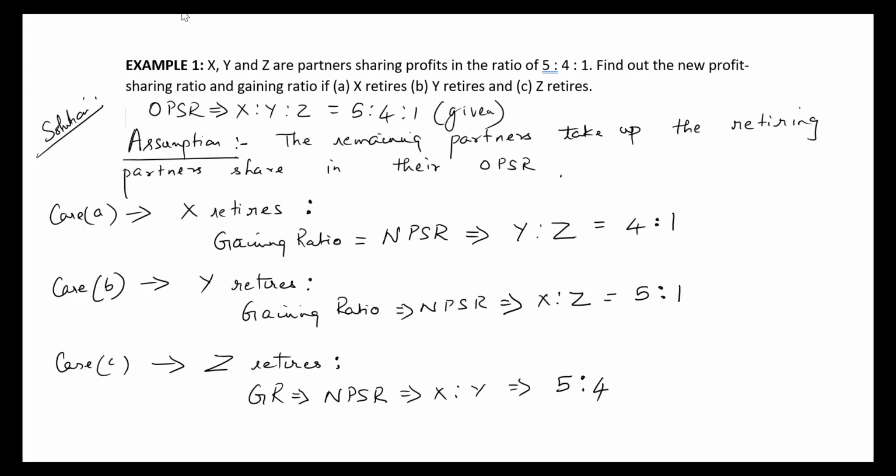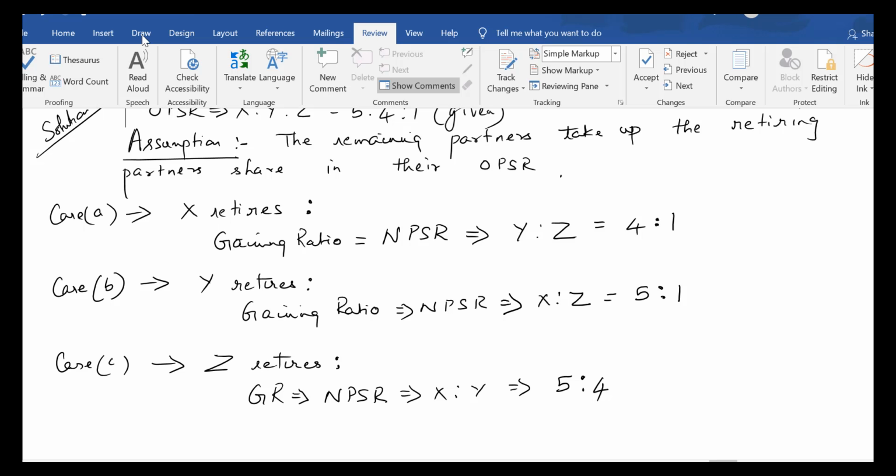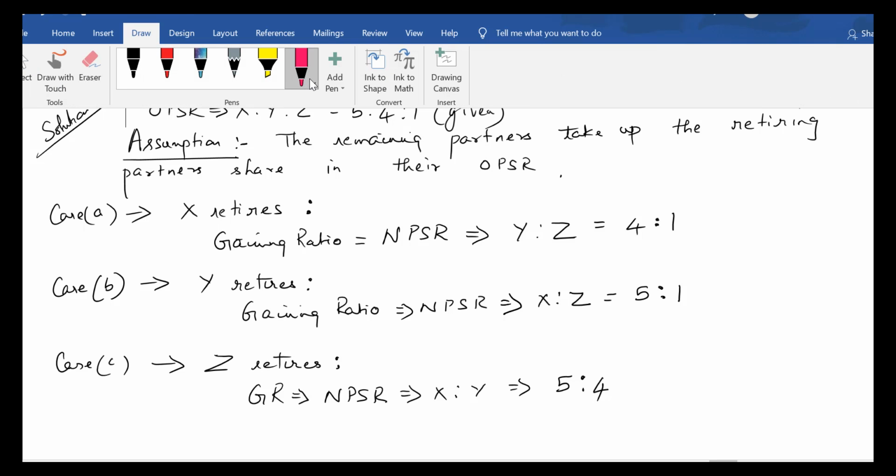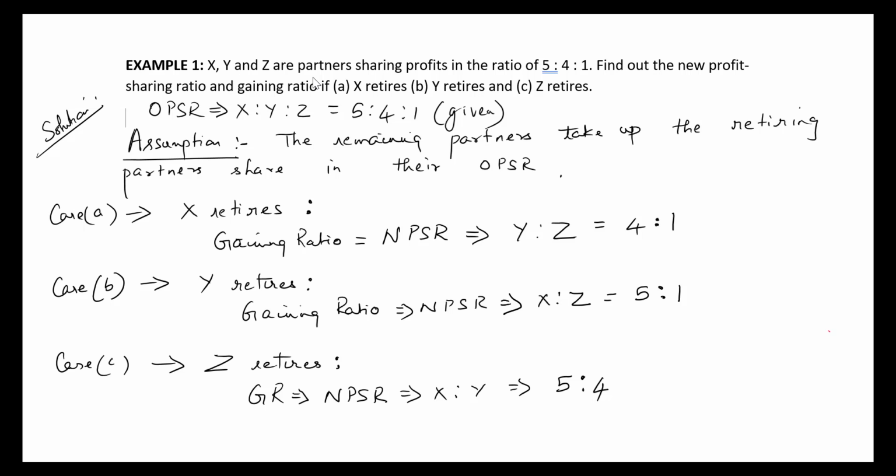So these are the answers. Where X retires, the gaining ratio as well as the new profit sharing ratio between Y and Z will be equal to 4:1. When Y retires, the gaining ratio as well as the new profit sharing ratio between X and Z is equal to 5:1.